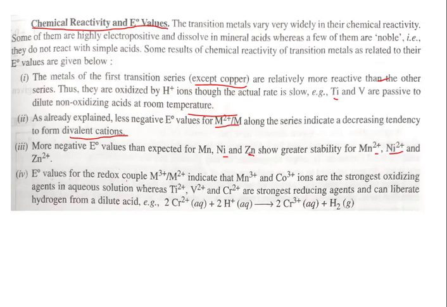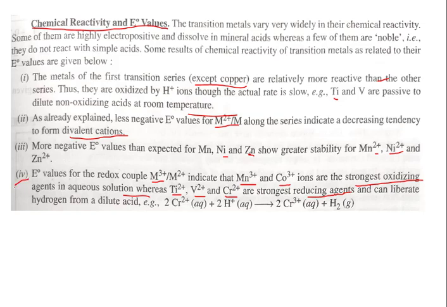The E0 value for the redox couple M3+ to M2+ indicates that Mn3+ and Co3+ ions, very important, are the strongest oxidizing agents. Oxidizing agent means they will help in oxidation, but themselves they will get reduced. So they will acquire that stable electronic configuration, so they act as strong oxidizing agents in aqueous solution. In the same manner, Ti2+, V2+ and Cr2+ act as the strongest reducing agents.